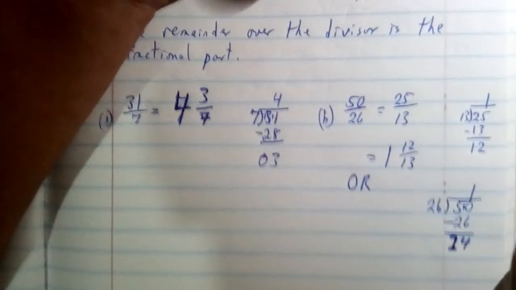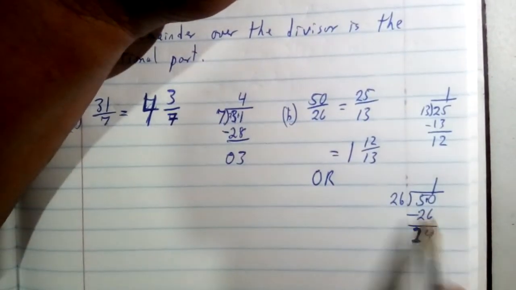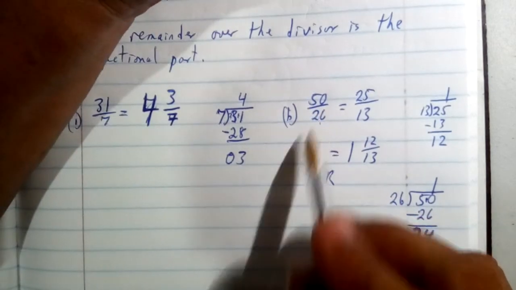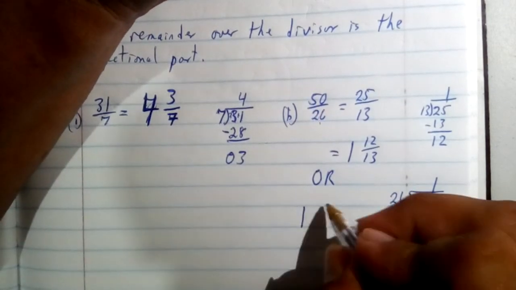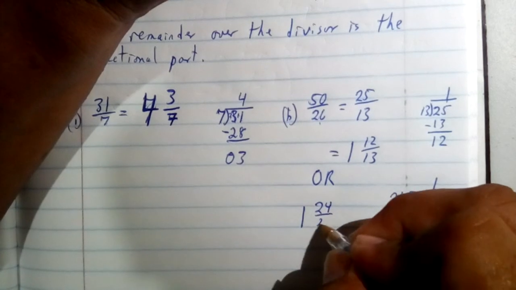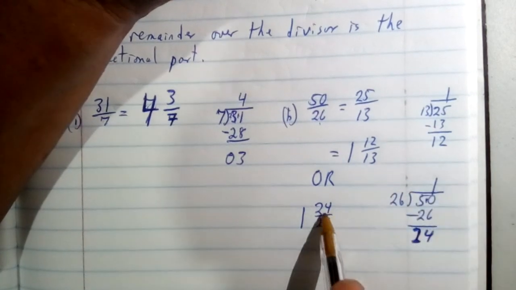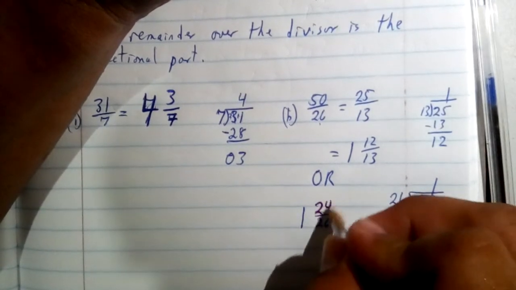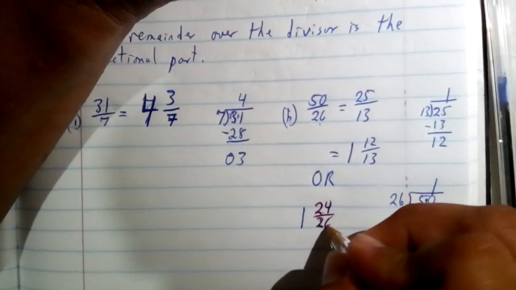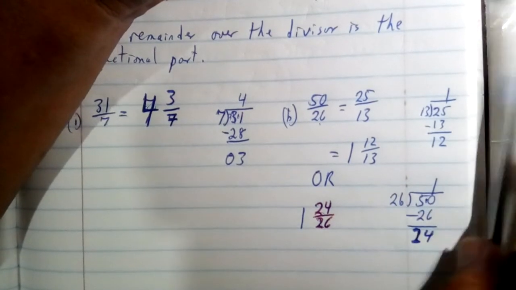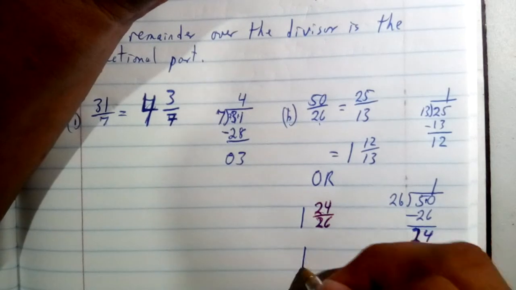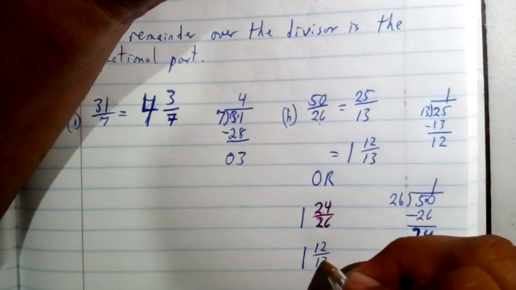So nothing is wrong with your working. What you would have done is say 50 over 26 as a mixed number is 1 and 24 over 26. But this fraction part, let me write it in red, 24 over 26, can be reduced. So when you reduce this fraction part to lowest terms, this becomes 1 and 12/13.